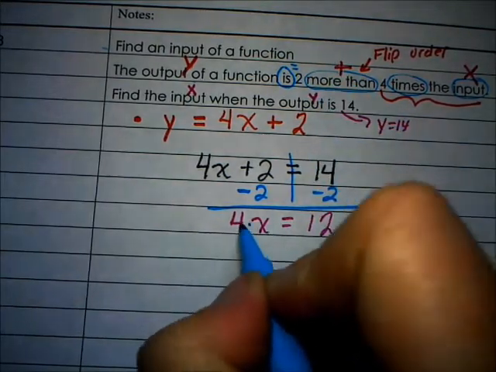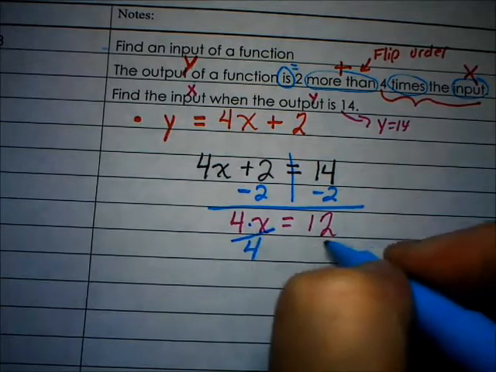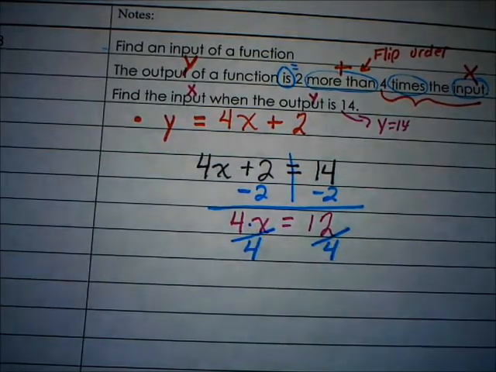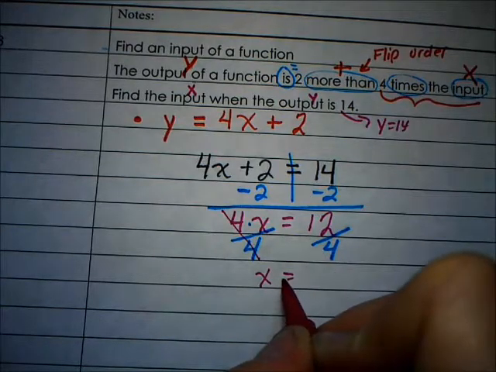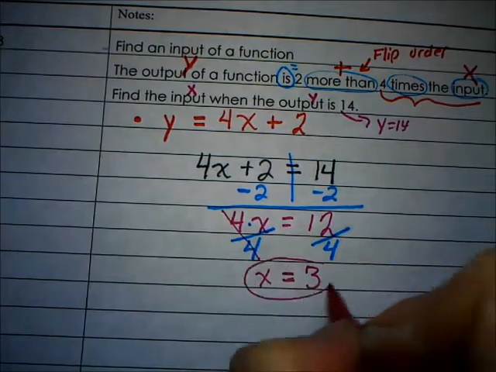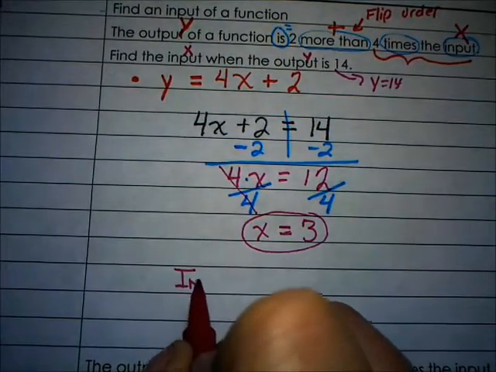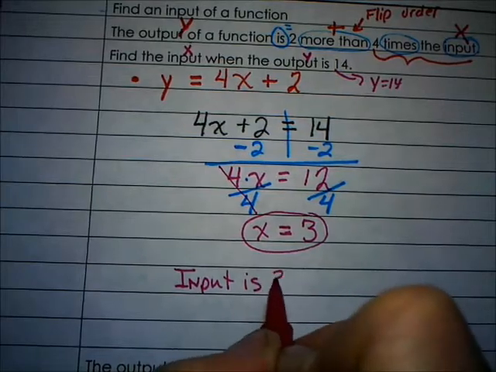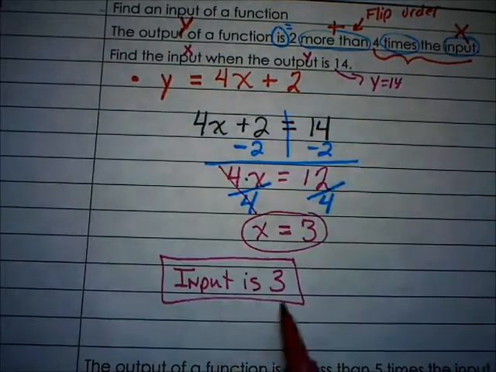This is multiplying 4 times x, so the opposite of multiplying is to divide. The 4's cancel out. I have x is equal to 12 divided by 4, which is 3. Therefore, the input is 3. To answer the question, find the input. The input is 3.